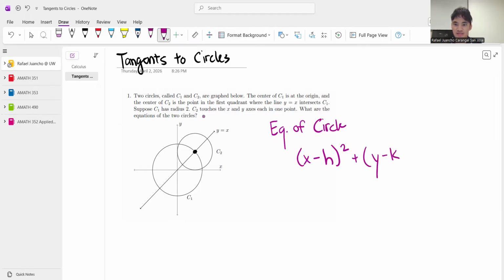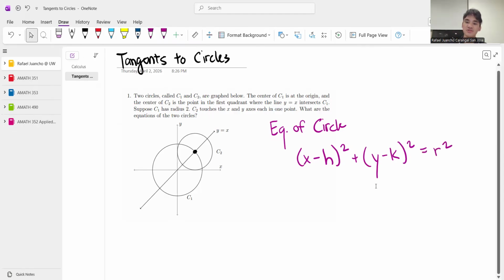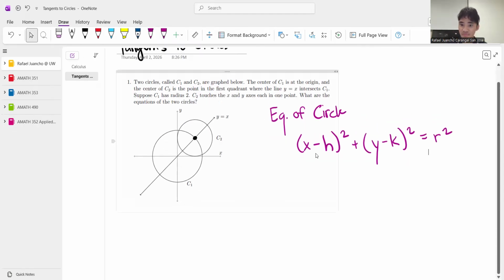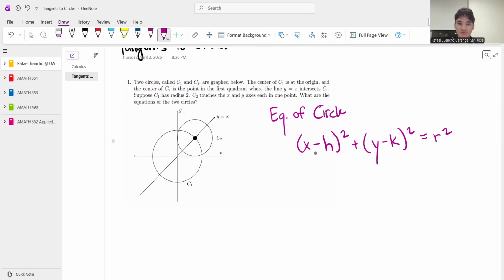Plus y minus k squared equals r squared. This is the general equation of a circle, where x and y are the variables, h is the x coordinate of the center, and k is the y coordinate of the center.